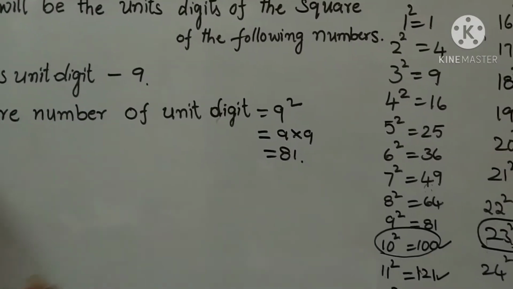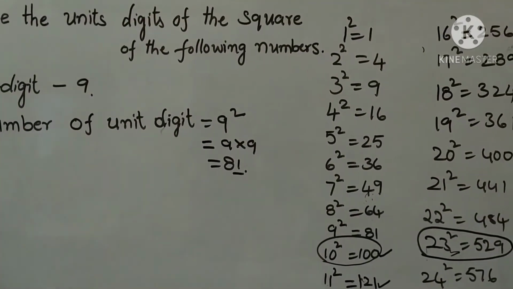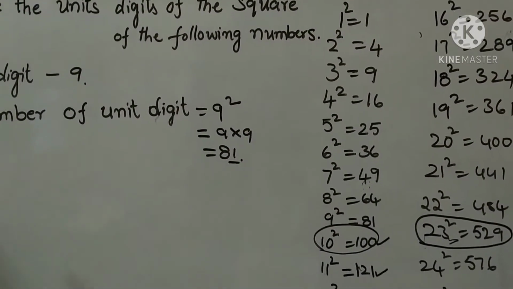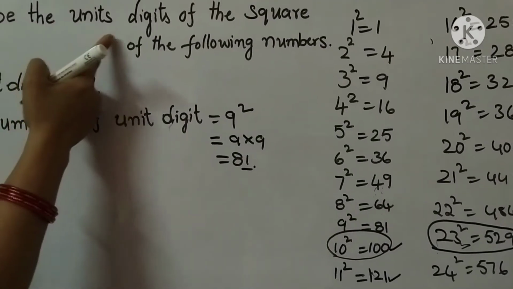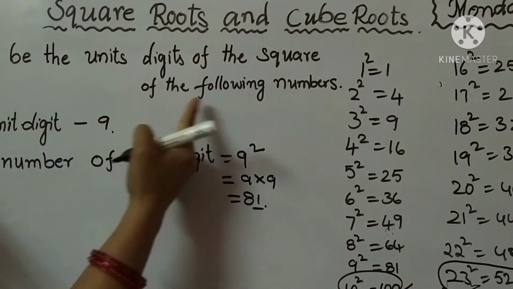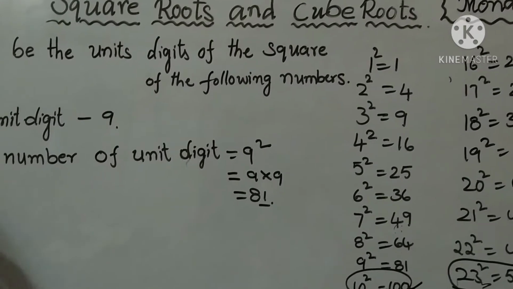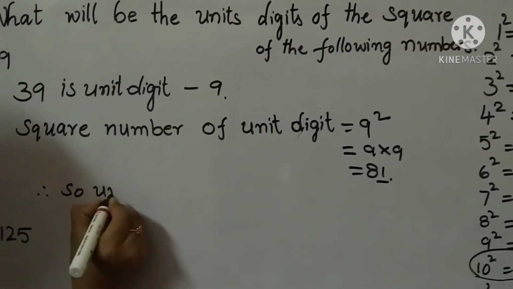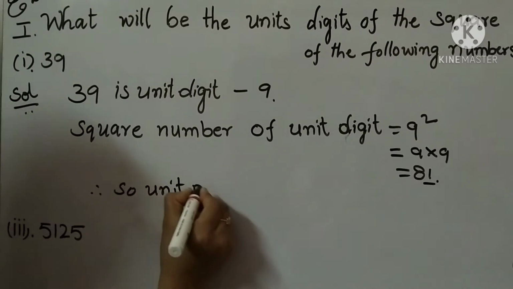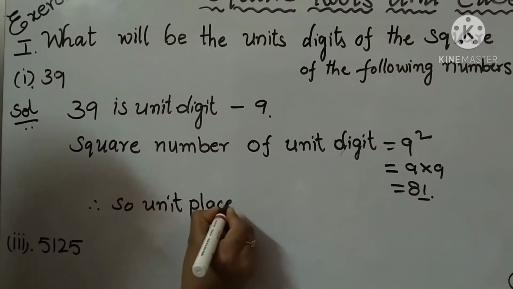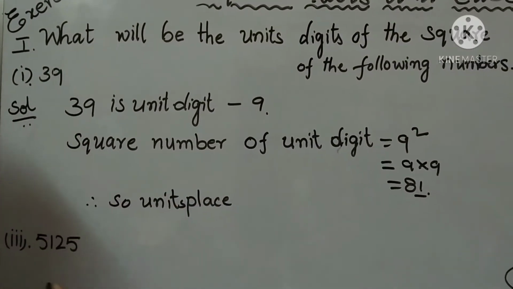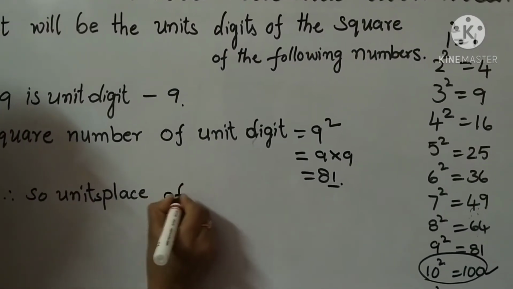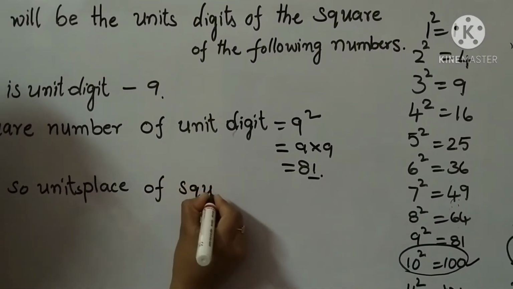What is the units place of 81? It is 1. Therefore, the units place of the square number is 1.